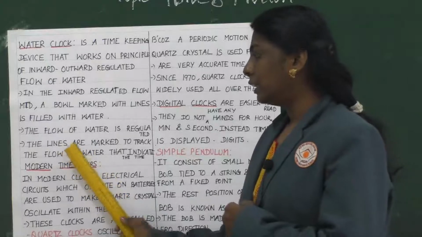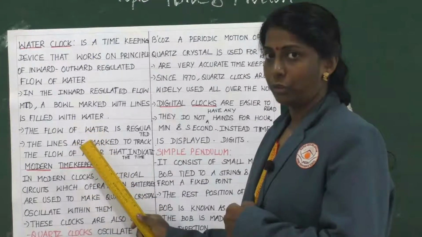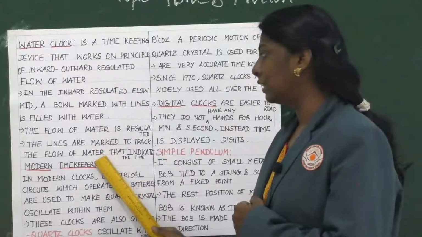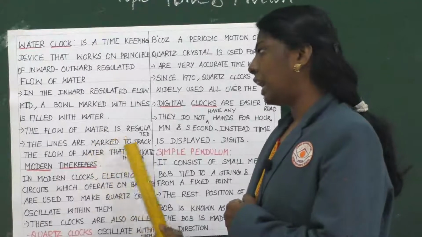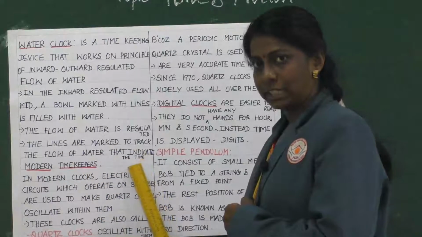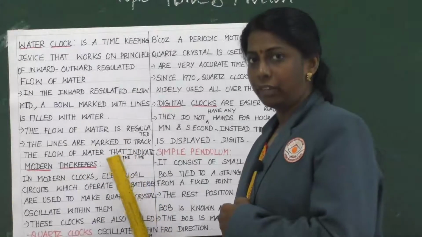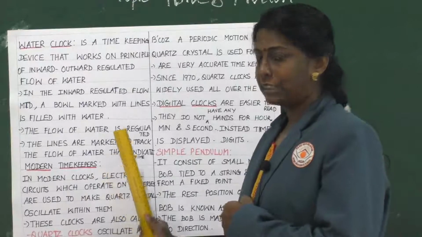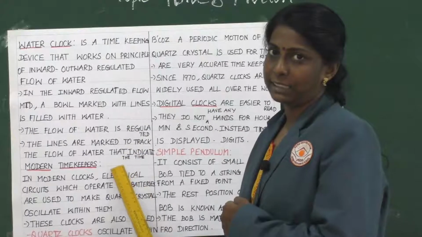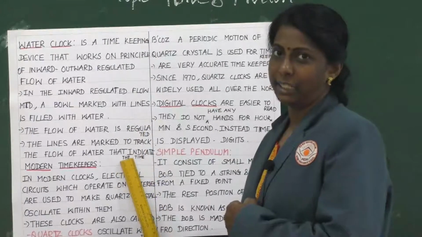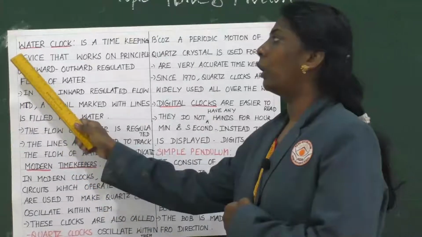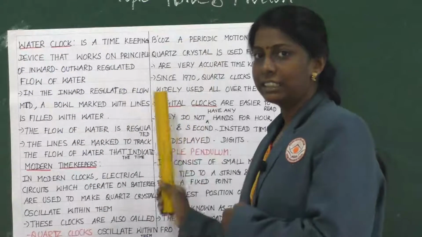To measure how much has been collected, they have lines to track the flow of water that indicate the time. Say for an example, if it is filled 200 ml, it should be 20 minutes, or 15 minutes, like that. So they use this water clock to measure the time.